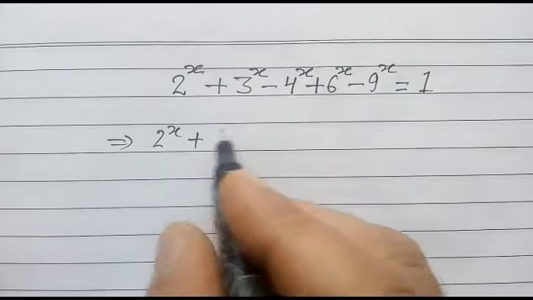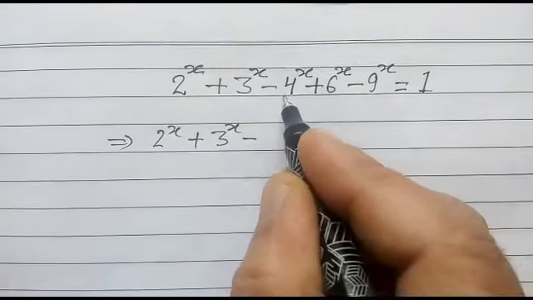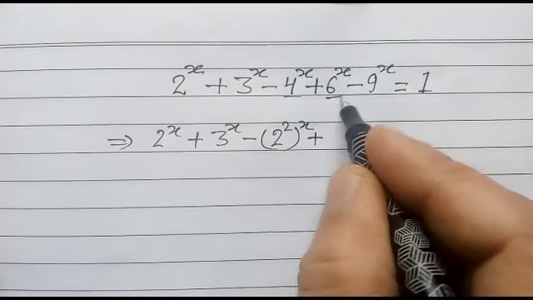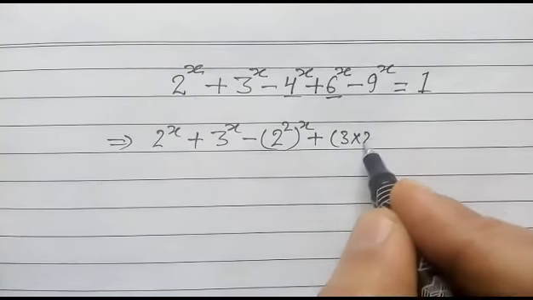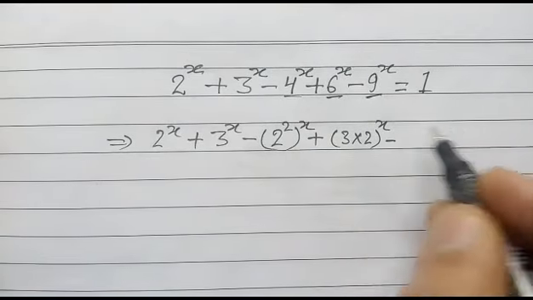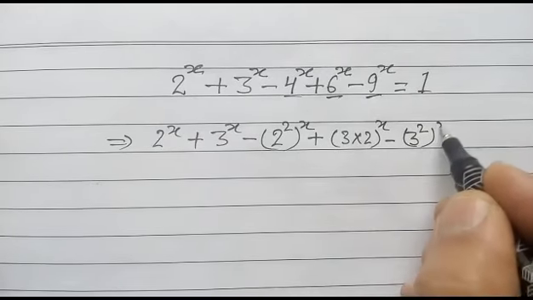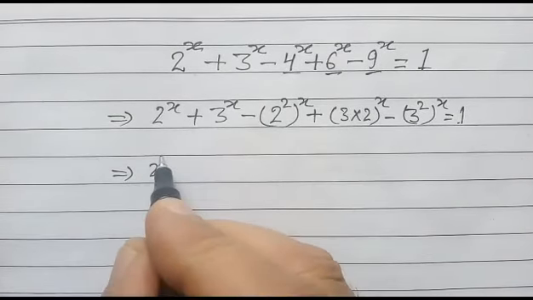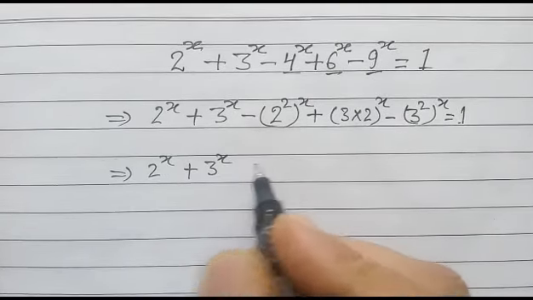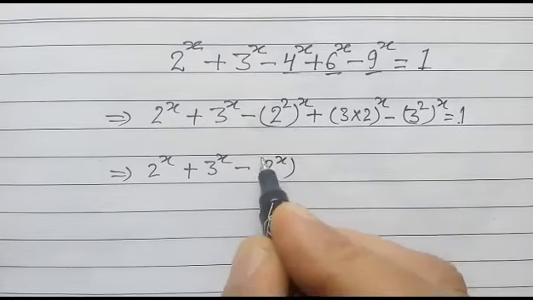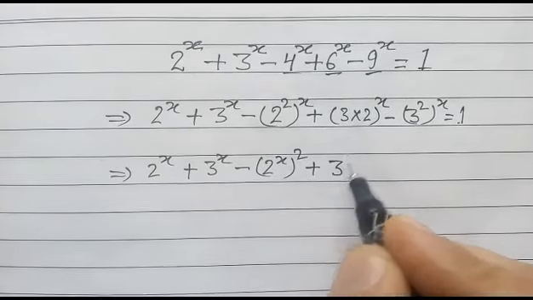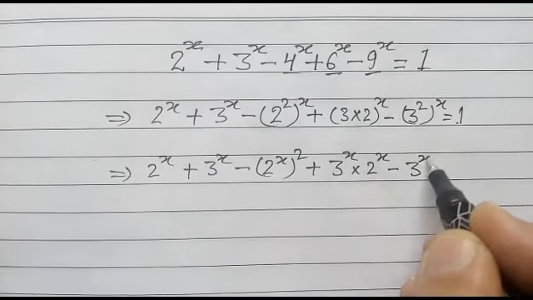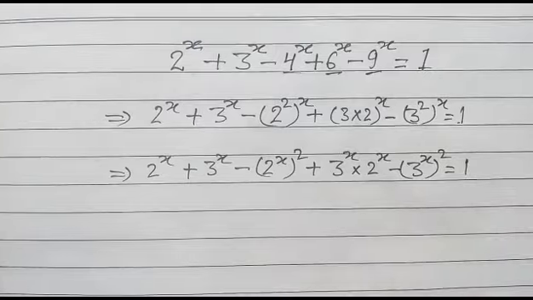2^x + 3^x minus, if we break this, (2^2)^x, which is (2^x)^2, plus 3 into 2^x, that is 6^x as 3^x times 2^x, minus (3^2)^x, which is (3^x)^2, is equal to 1, right?